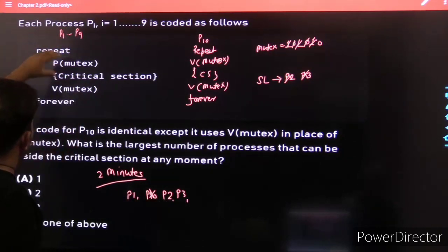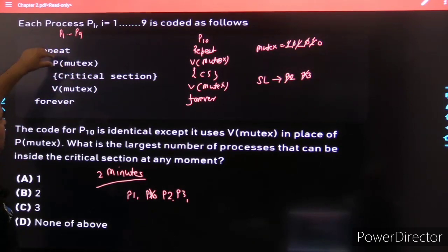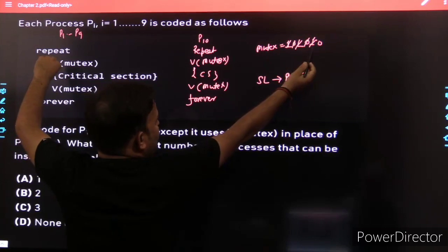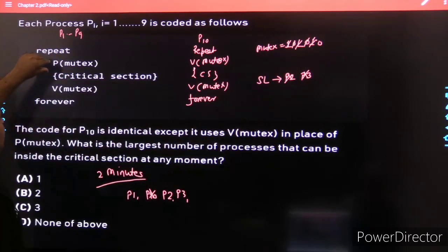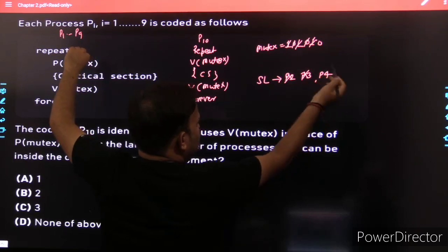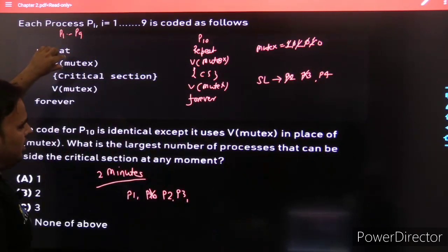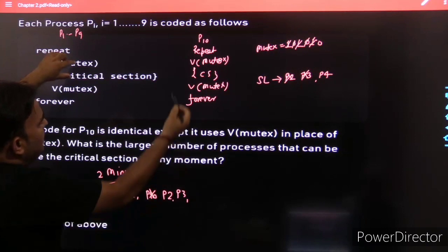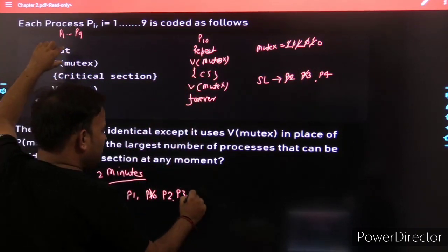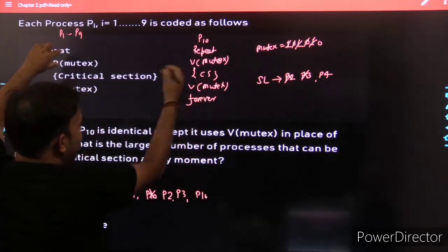Now suppose P4 wants to enter into the critical section. Can P4 perform the down operation? No, my dear friends, because the mutex value is 0, we cannot perform the down operation. So P4 will go into the suspended list and block here. Now suppose P10 again wants to enter into the critical section.